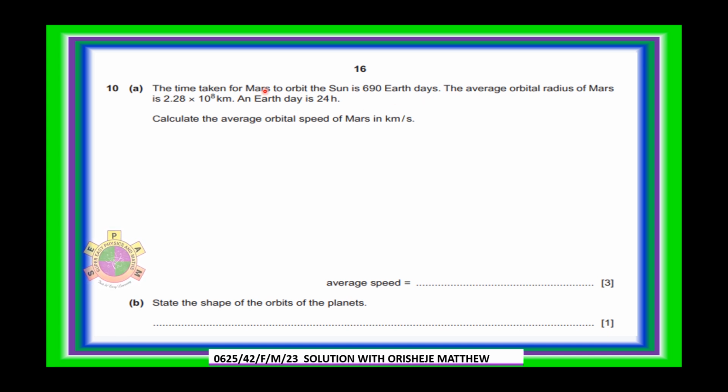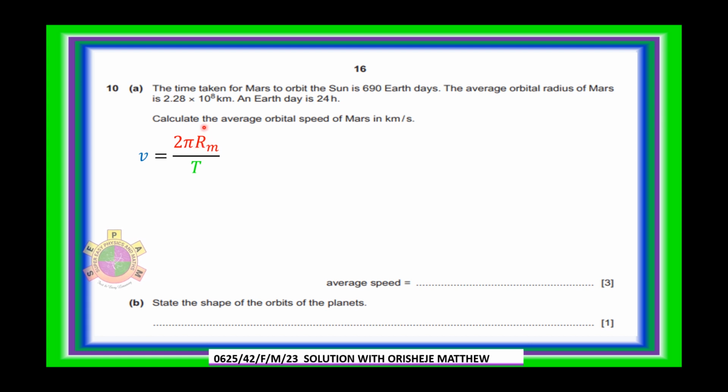So convert these days to seconds. What is the formula we need? The circumference divided by the period. So 2 pi, and this radius here will be the radius of Mars. So multiply that out.